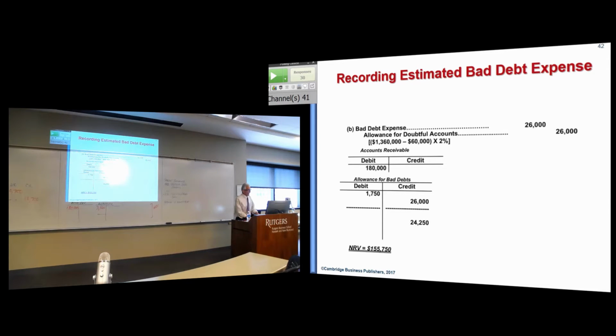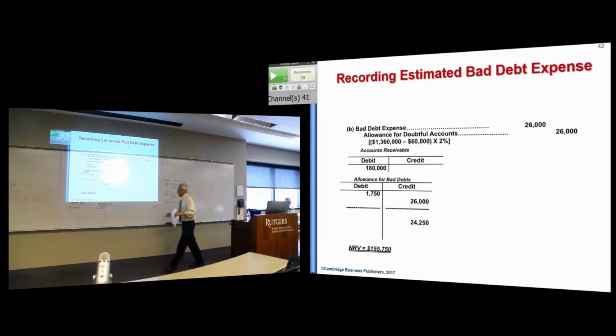Net credit sales are 1,300,000. We take 2% of that, and it's $26,000. The expense is the desired result, but the allowance account gets forced.